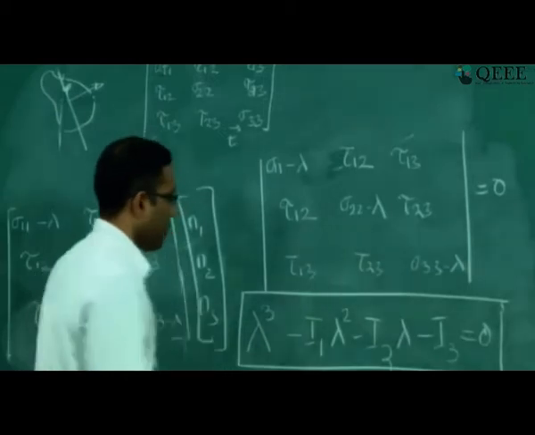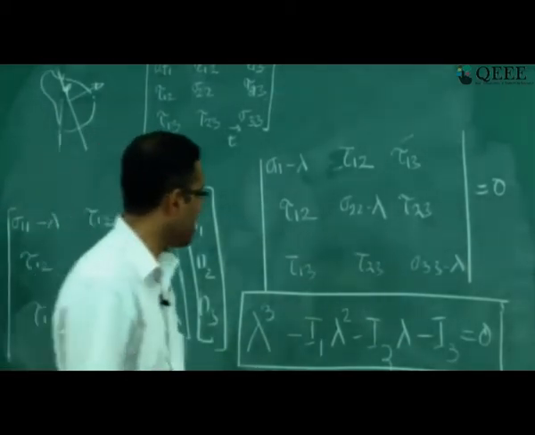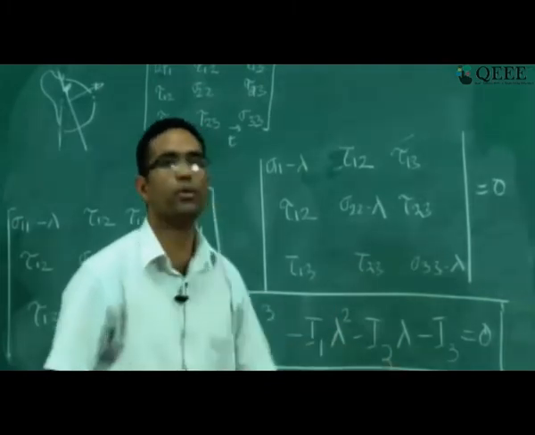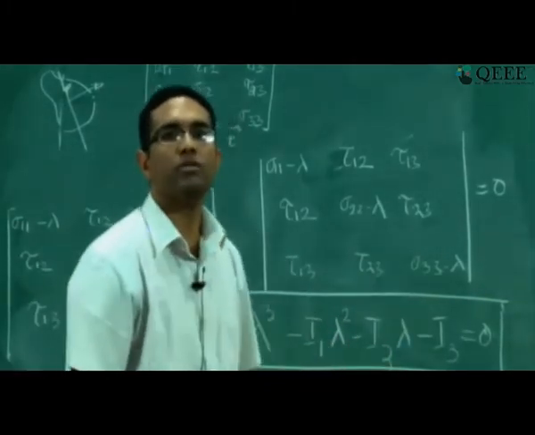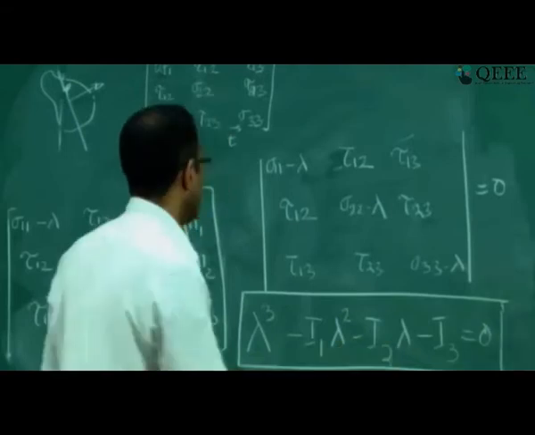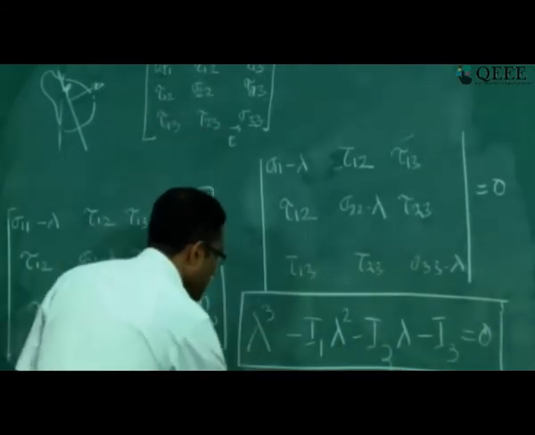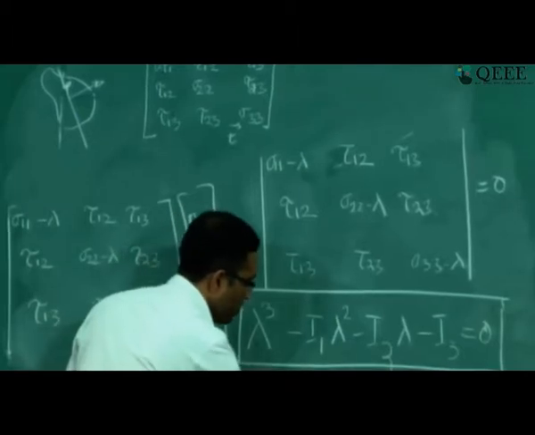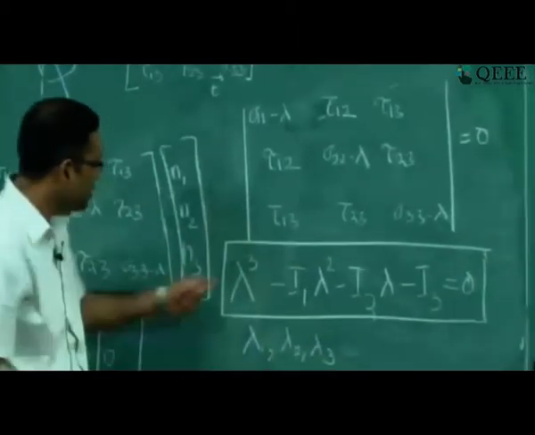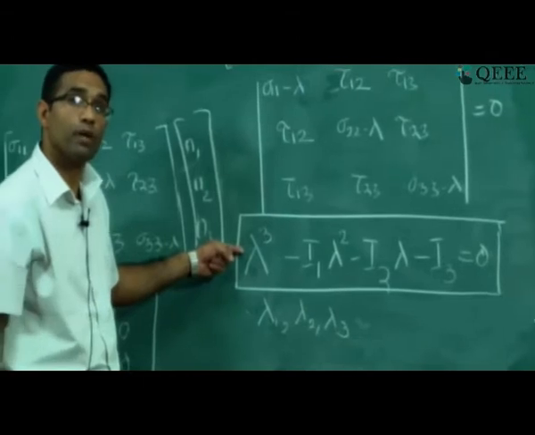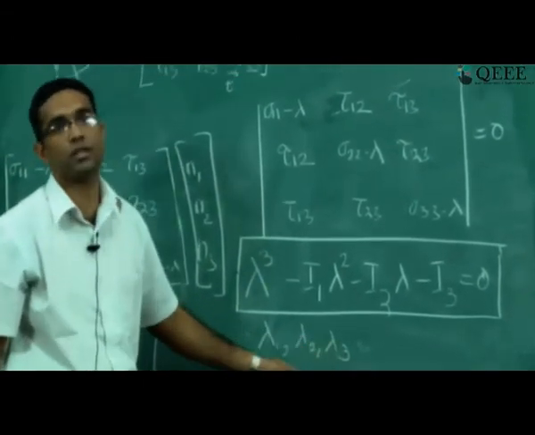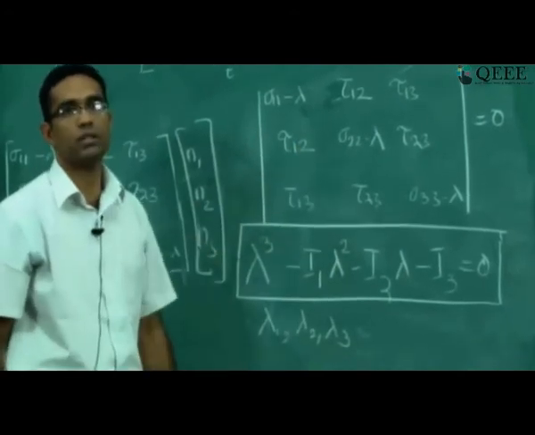If you have a computer, you can use some computational technique, or if it is a simple structure, this will nicely reduce, and you can actually find the values of lambda analytically. We will do a simple problem. Now there will be 3 values of lambda that you will find. So lambda 1, lambda 2, lambda 3, which will satisfy this equation. And these 3 lambdas are the principal stresses of this stress tensor.